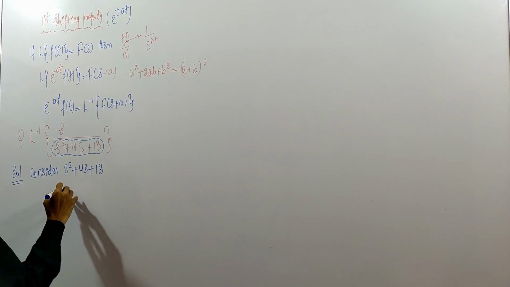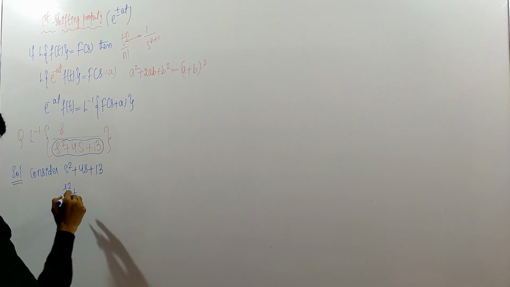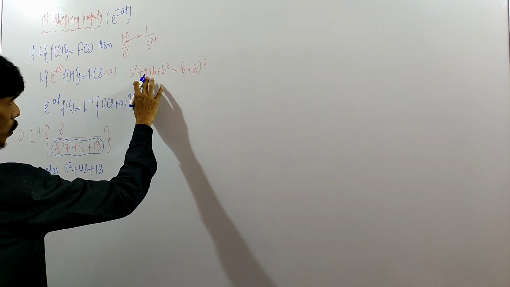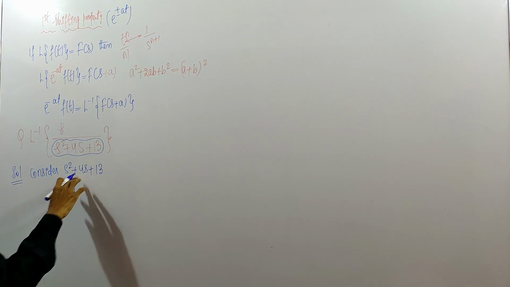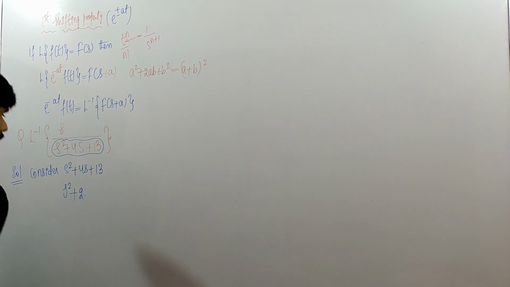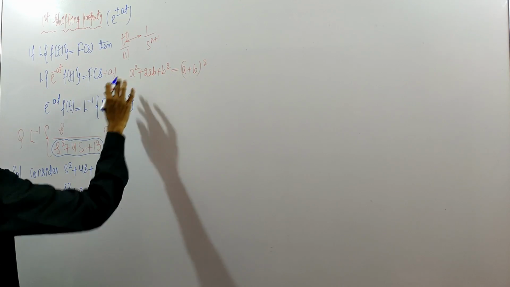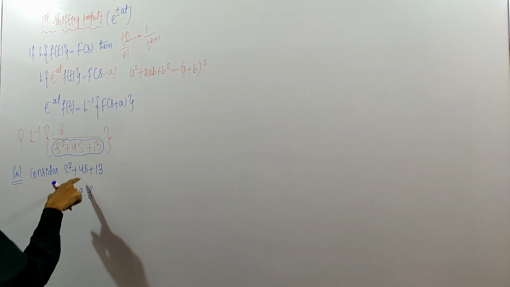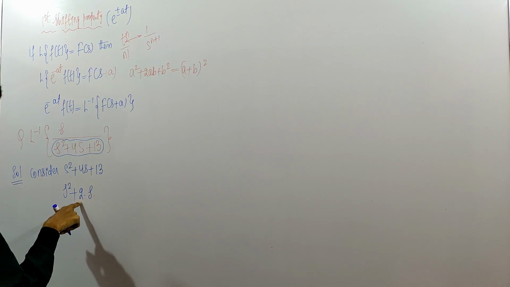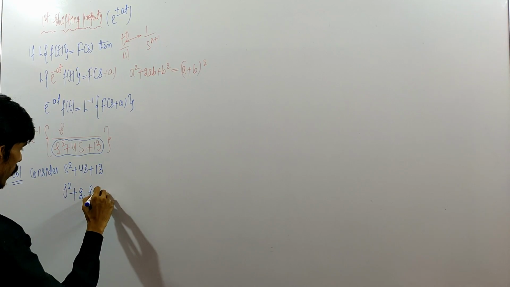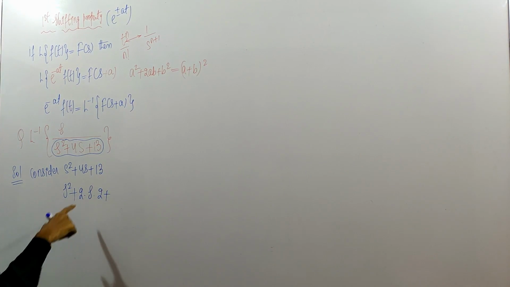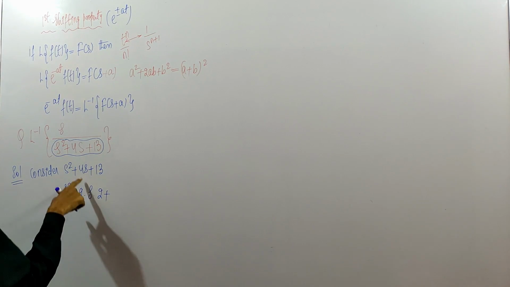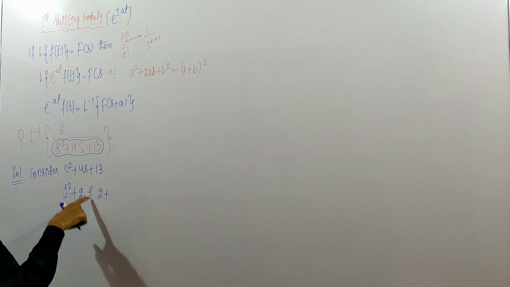So here we have s square, write down s square as it is. Here we have 2, so we can split this 4 as 2 into, here we have a as the first term, here we have s. So we will take 2 into s. Now this 4 can be split into 2, one more 2 is required. So we will take 2 here. So here we have s, 2 into 2, that is 4. So s square plus 4s.